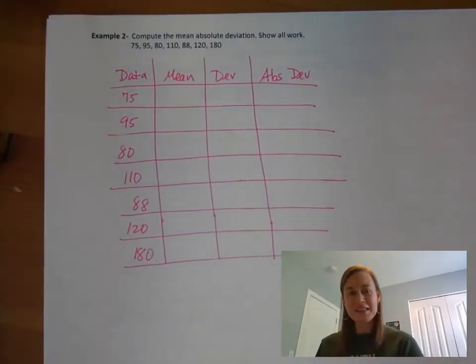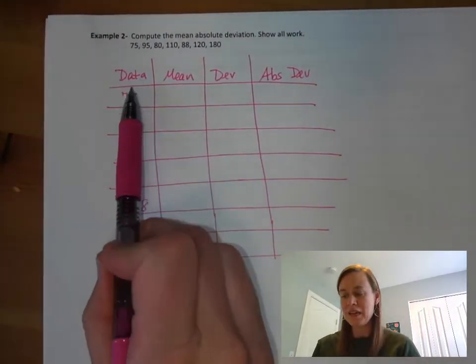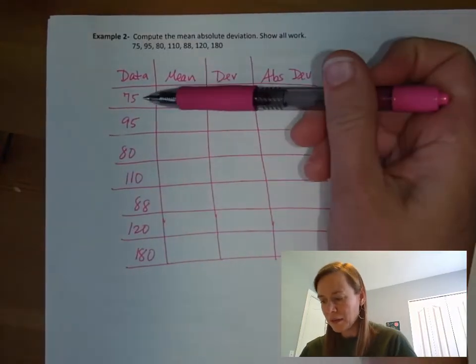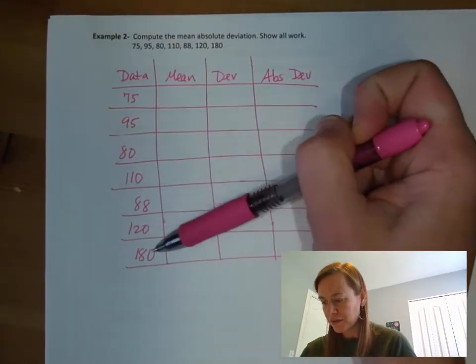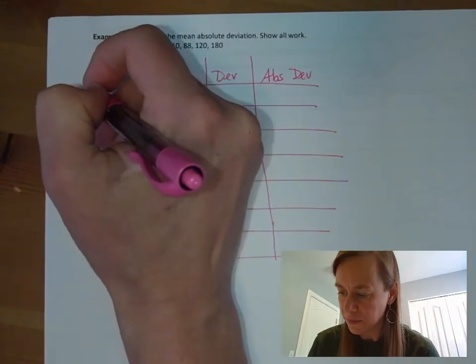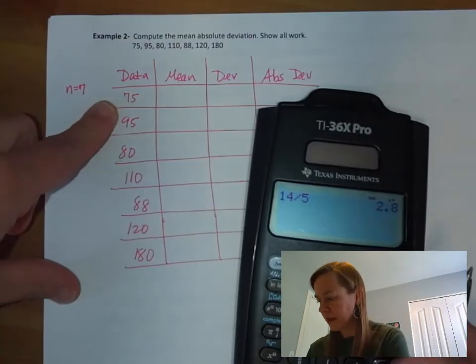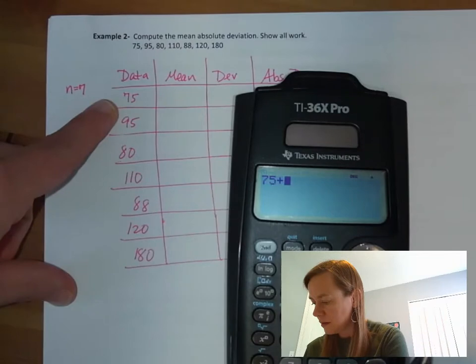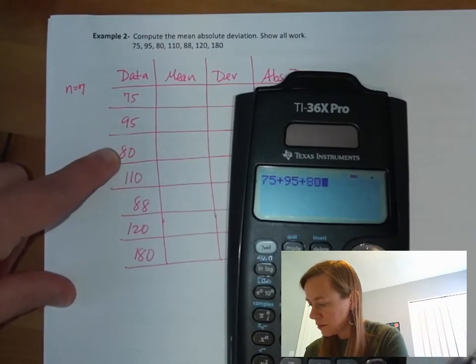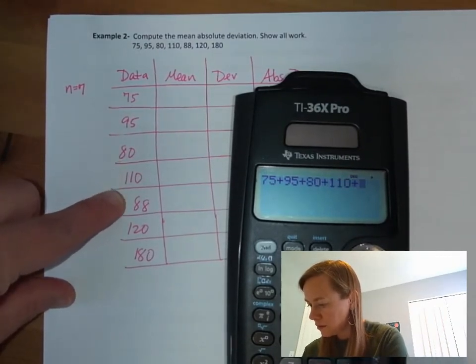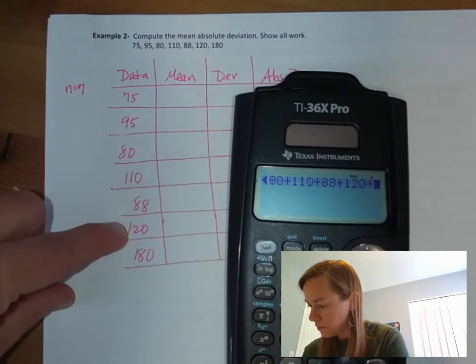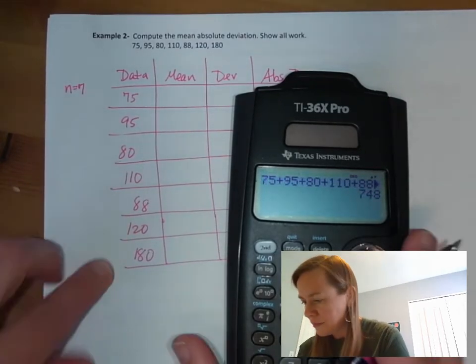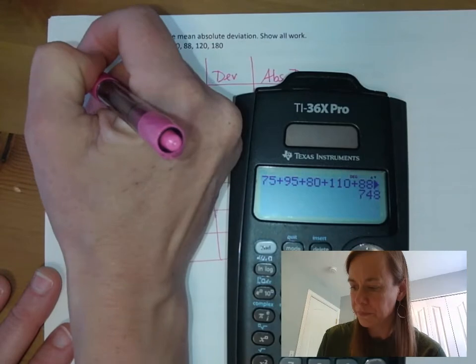Okay, so what's step 1? Step 1 is to find the mean of all this data. How many data points do we have? 1, 2, 3, 4, 5, 6, 7. So n equals 7. Let's total them up with our calculator. 748 is what I got.